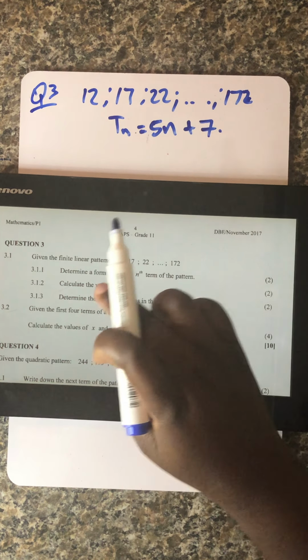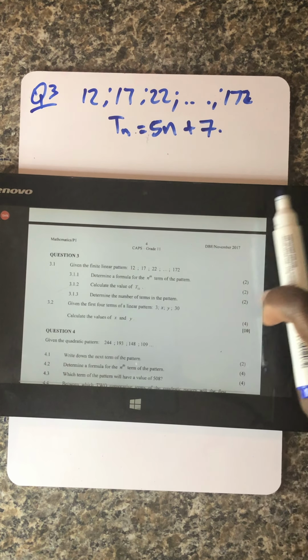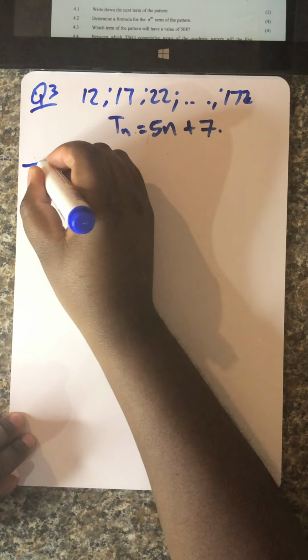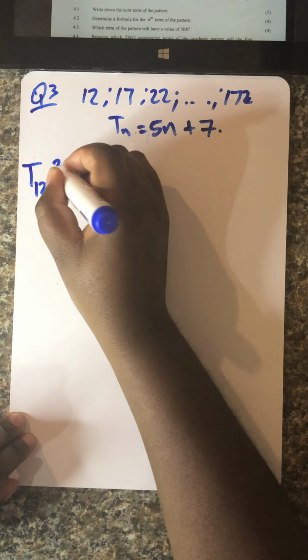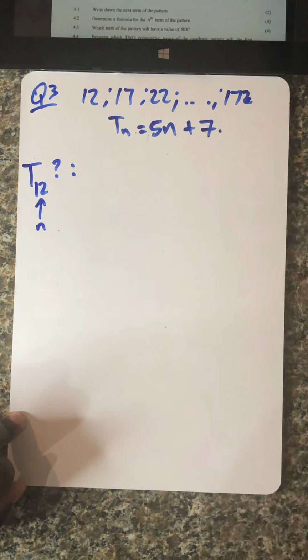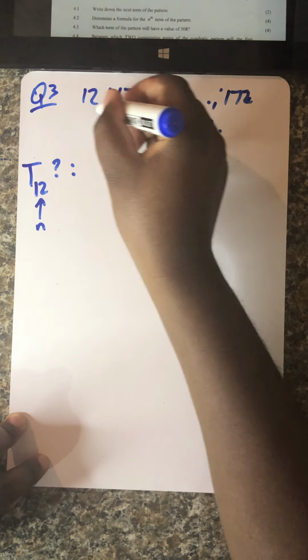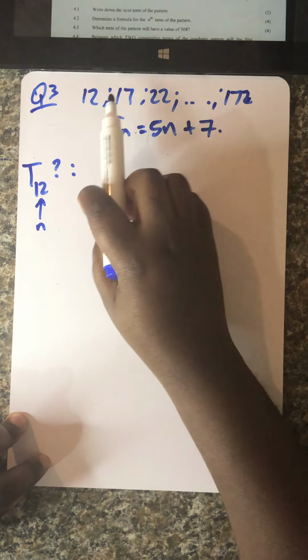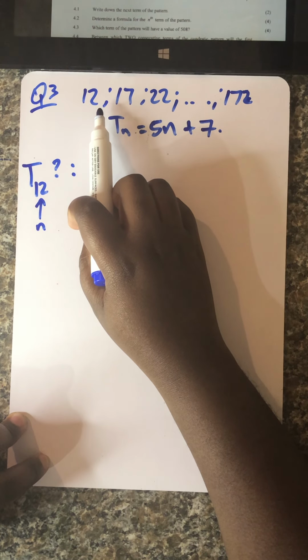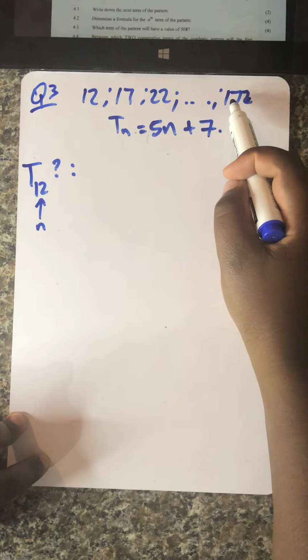Let's now move to question 3.1.2, and the question says determine the value of T12. This question is allocated 2 marks. So the question is asking what is T12. Remember, guys, this is the position for n, right? So they are saying on this sequence, we want to know what is the number on the 12th term.